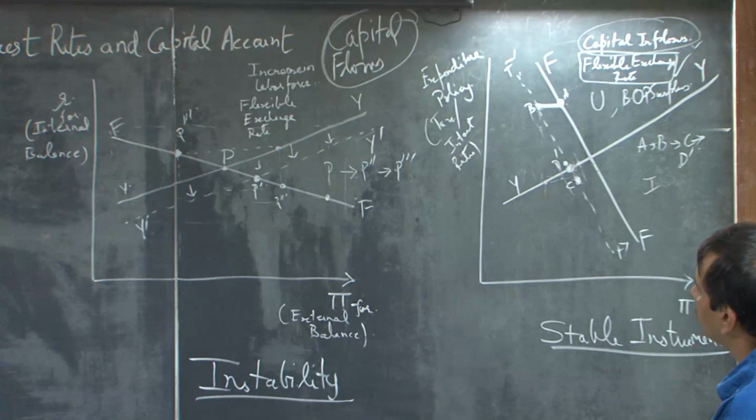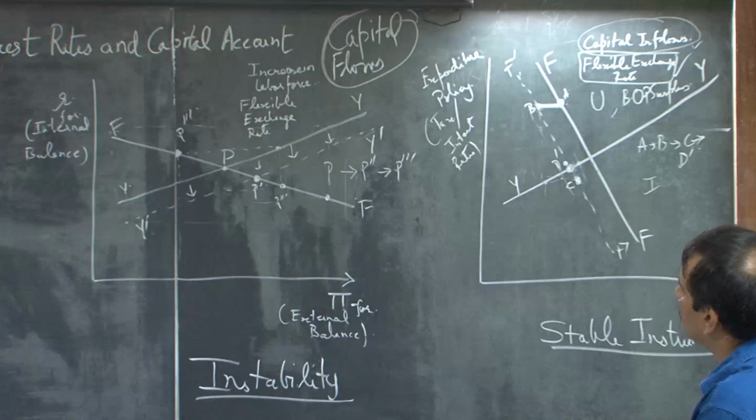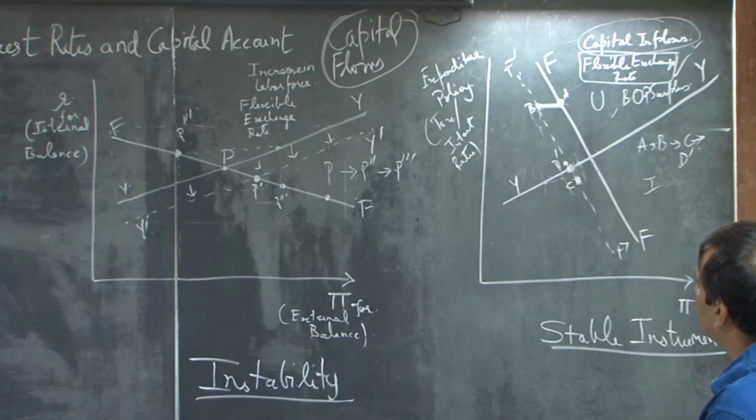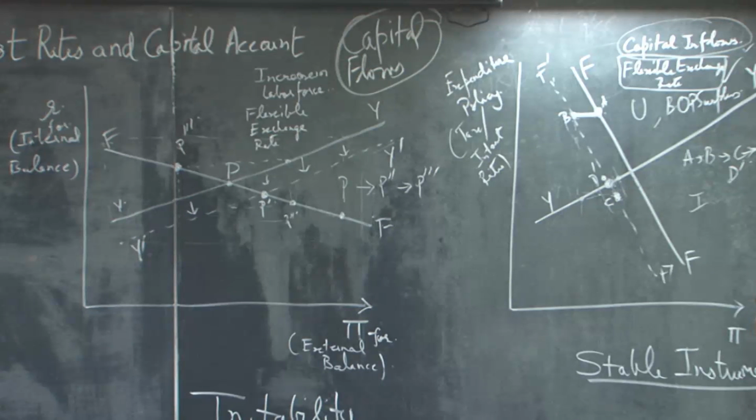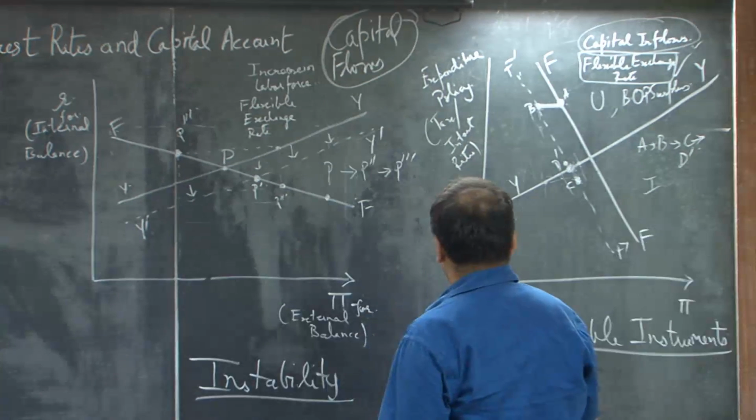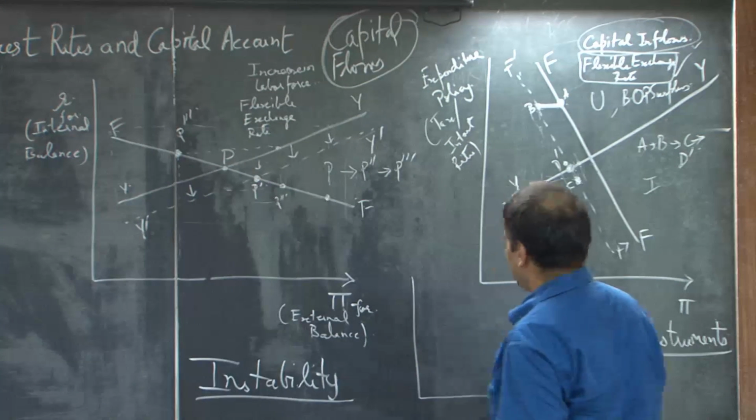From P double dash, we should only go to Y dash. Let's see. I think so.